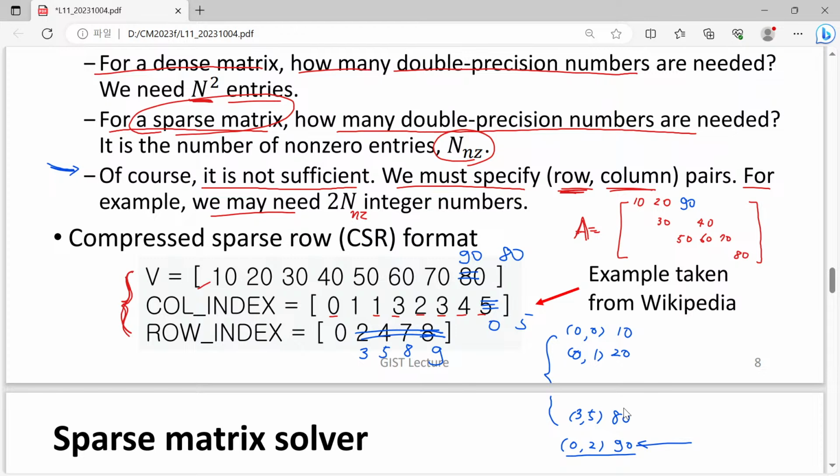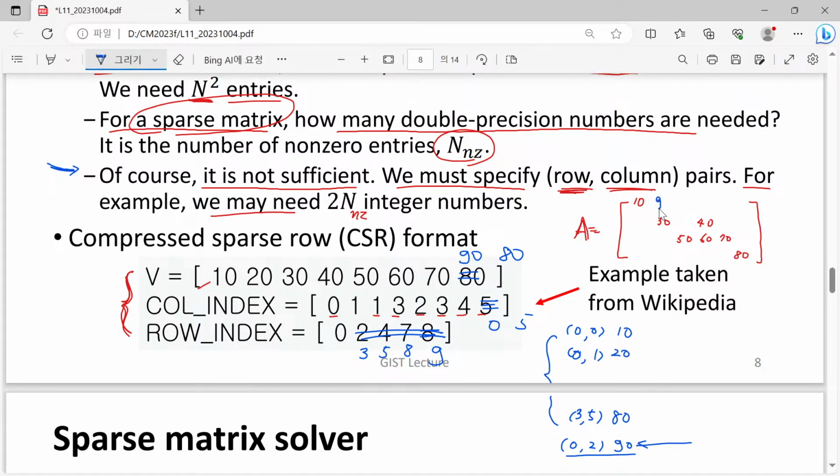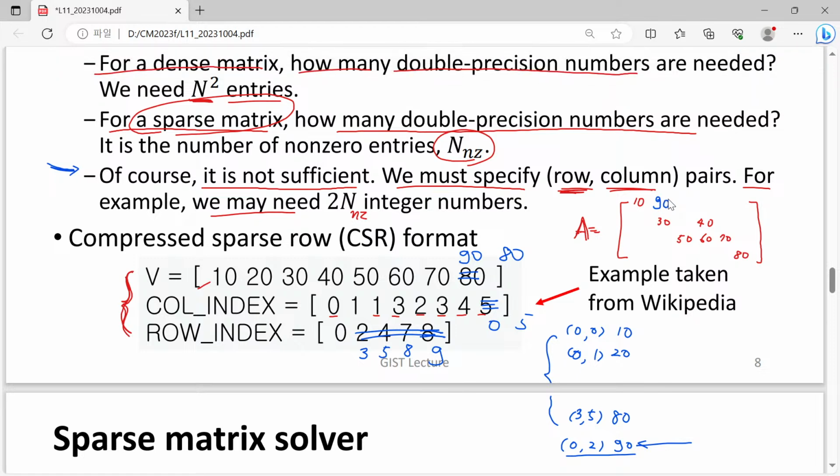So everybody happy, but finally, really finally, I wanted to point out this one. Instead of just adding a component, we can consider other cases like this. We wanted to modify the value of a pre-existing element. I wanted to change the value of 0,1. Previously it was 20, but I wanted to change it to 90.